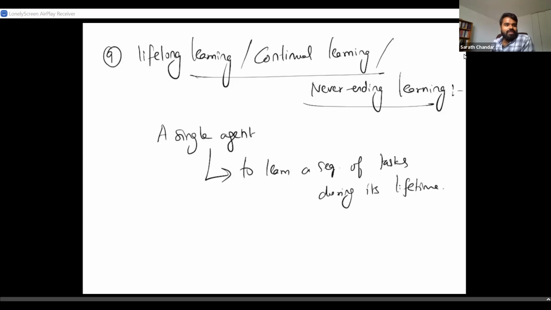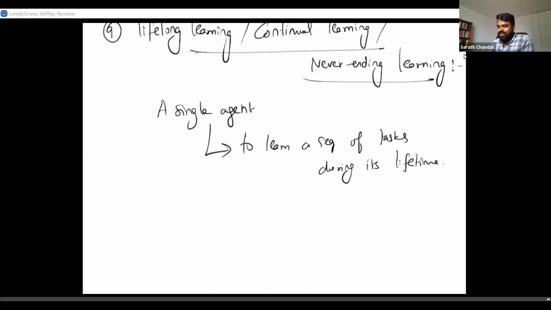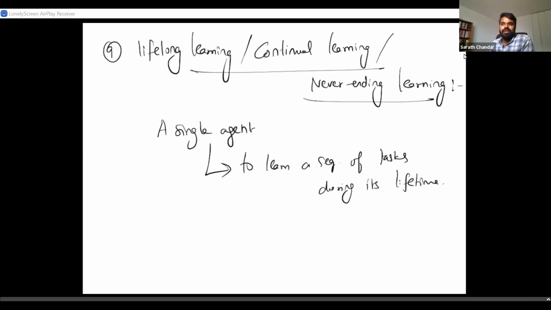This is actually very similar to human beings, right? We are lifelong learners. We learn about something today and something else tomorrow, and we keep learning new things and connect dots between these different things, and we develop our knowledge and become experts in fields. That is what we are trying to mimic in lifelong learning.